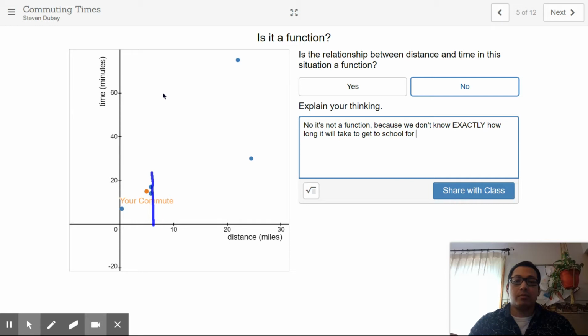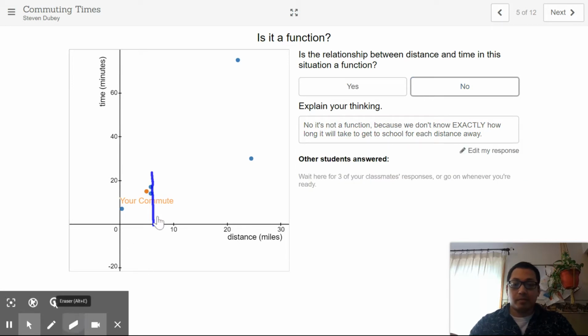For each distance, for each input away. Remember, you always know exactly what the output is going to be. So erase this line.